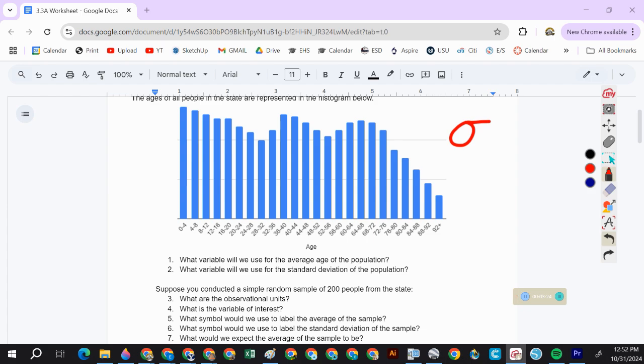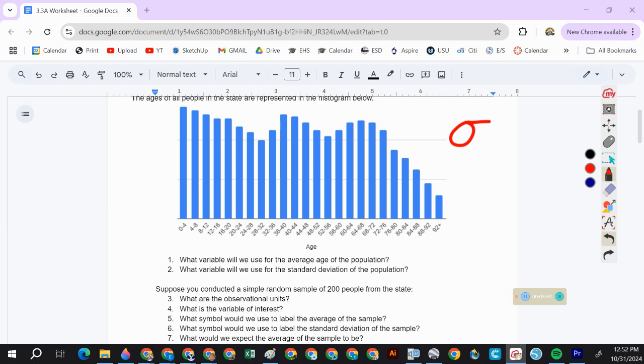So, we travel to this state, and we do a simple random sample, which is really hard to do, by the way. And we talk to 200 people. And we ask them how old they are. What are our observational units? People. Right? That's who we are talking to.